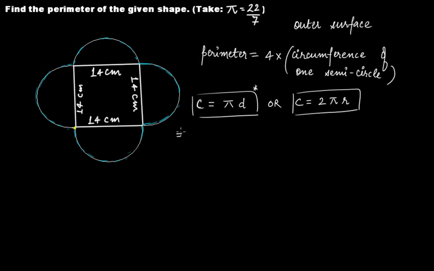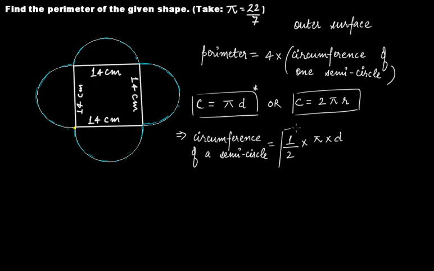So, if C is the circumference of circle, then circumference of a semicircle will be half of the circumference of the full circle, that is pi times d, right? This will be the formula for the circumference of a semicircle.